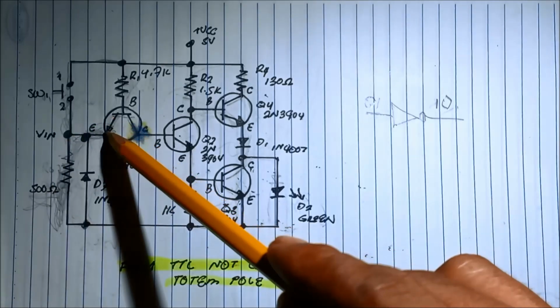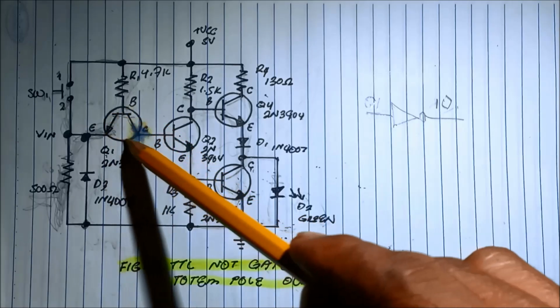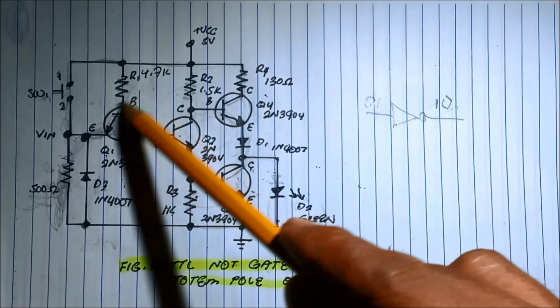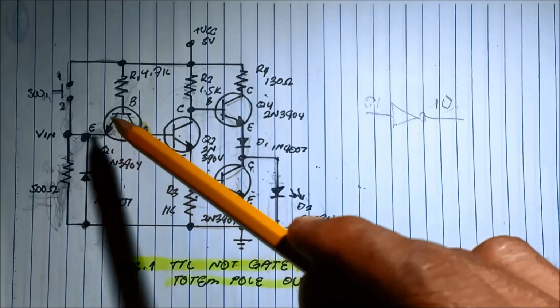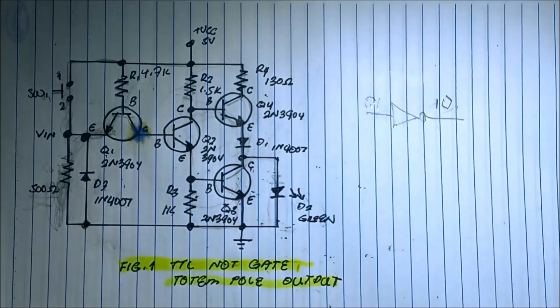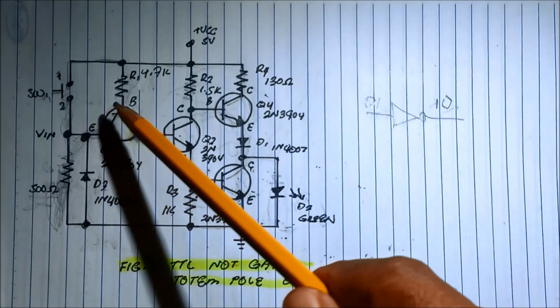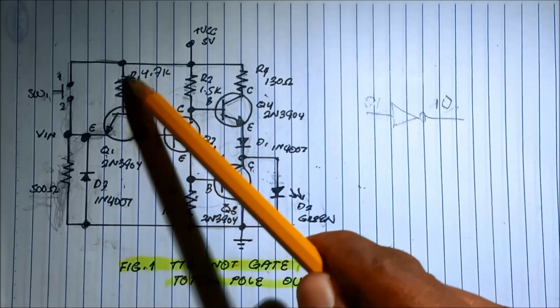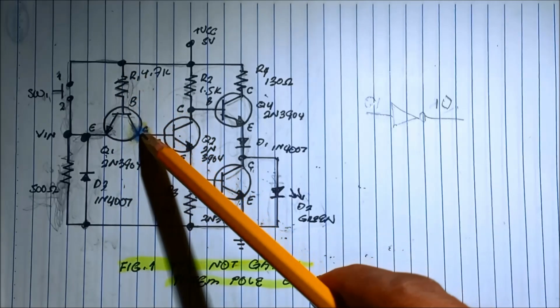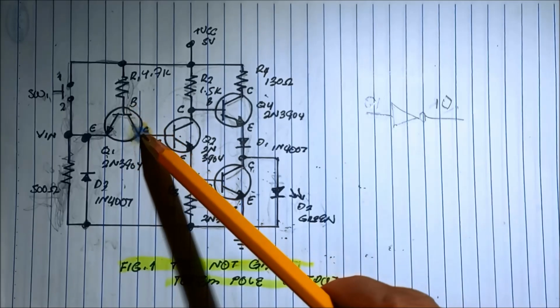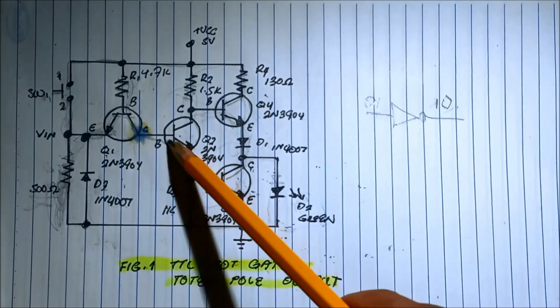When we inject a voltage into the emitter of this transistor, we will make the diode function of the transistor to reverse bias. The tendency of the current is to flow into the R1 and to this base to collector, into the base, into the emitter of the second transistor.